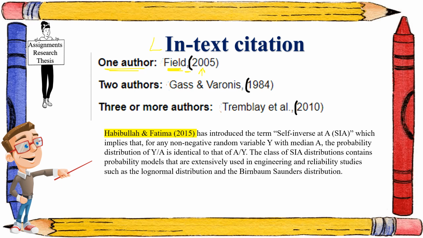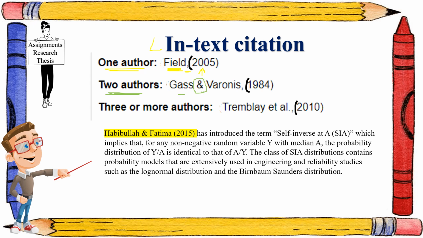Then in second, you can see the two authors. If there are two authors of a single journal or a single website or a single book or anything you are taking material from, how will you write the two authors' names? By using the and symbol.